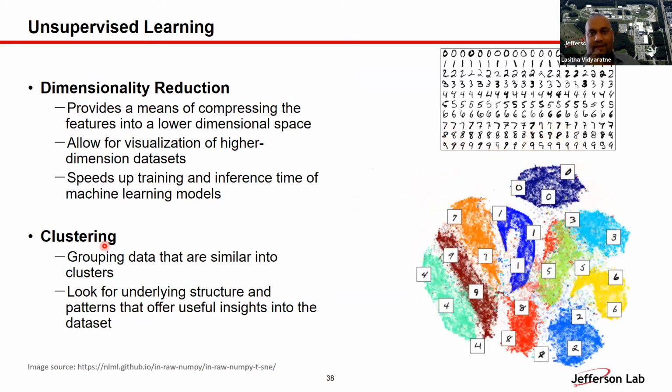So this is an example for a very popular MNIST handwritten digit recognition task. In its raw form, these digits are images. That means they are high dimensional data.